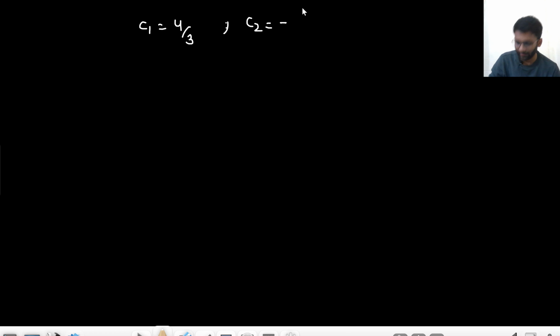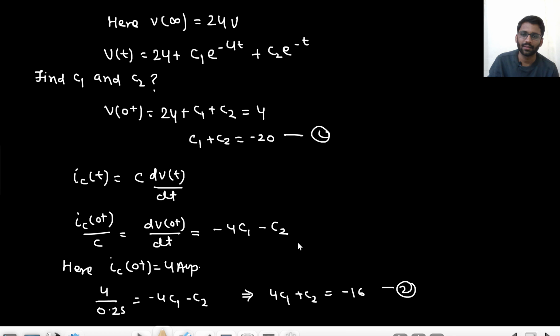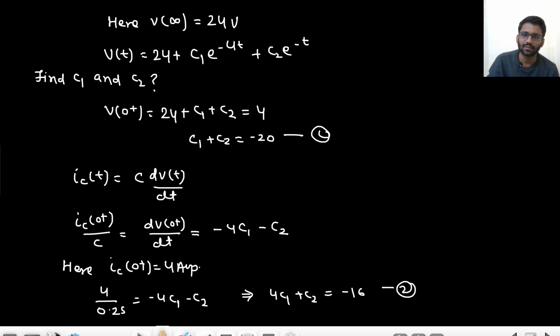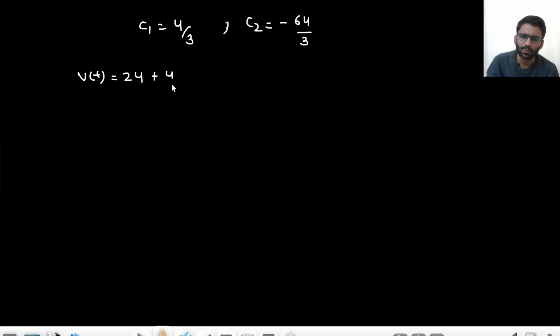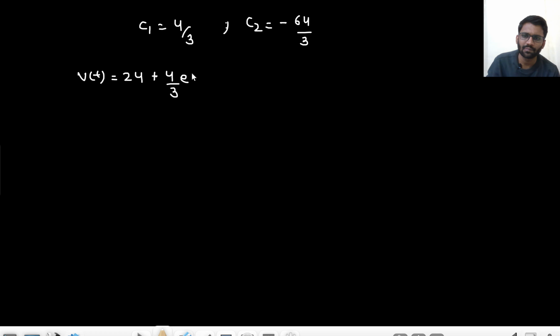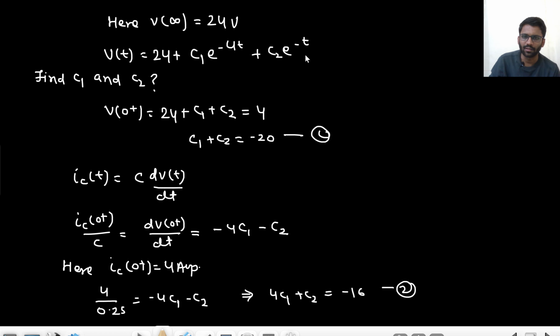What is your Vt? Vt will be 24 plus 4 by 3 e to the power minus 4t minus 64 by 3 e to the power minus t.